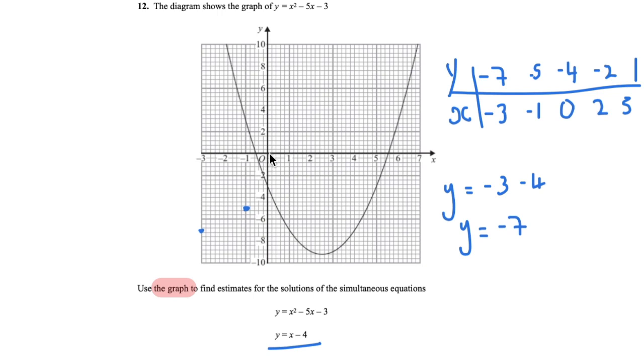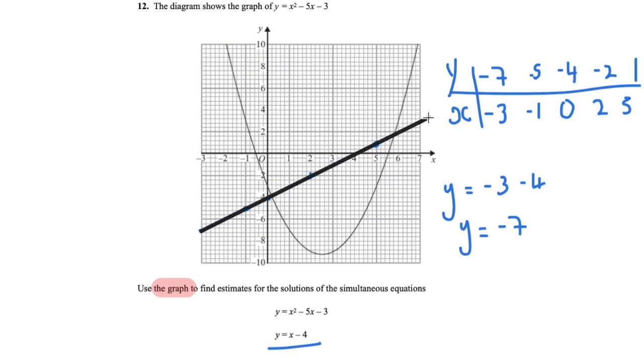It's a bit hard on a computer screen. -4. X is 2, y is -2. And if x is 5, y is 1. Perfect. So what I would then do is use my ruler, connect these dots.